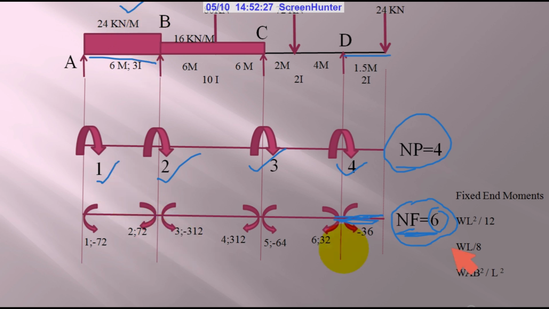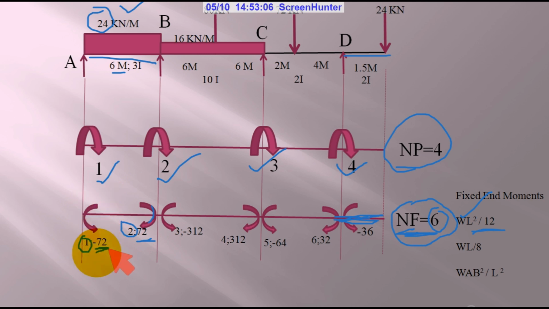So fixed end moments will be calculated as WL square by 12. W stands for 24, L 6 meters, 12 is constant, so 24 multiplied by 6 square divided by 12 will be fixed end moments. So in span AB, WL square by 12 value is coming minus 72 and plus 72. So for this span AB, fixed end moment 1 and fixed end moment 2.